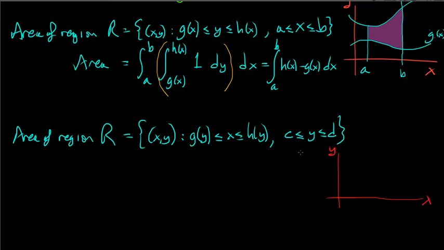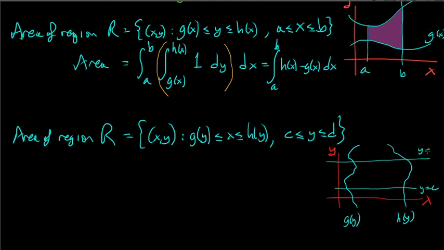So now a function of y might look like this curve here, right? So this is my g of y here, and then this might be my h of y here. And y goes from, let's say, y equals c to y equals d. So this is c, this is d here.